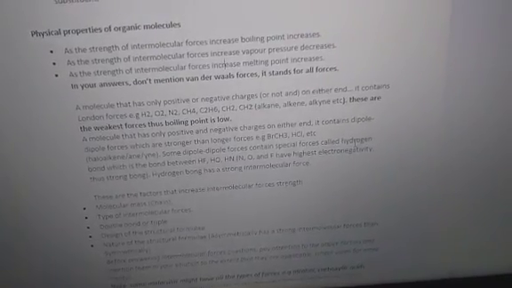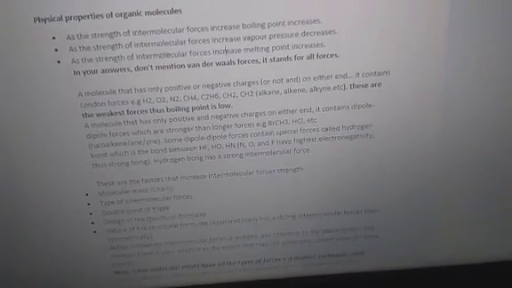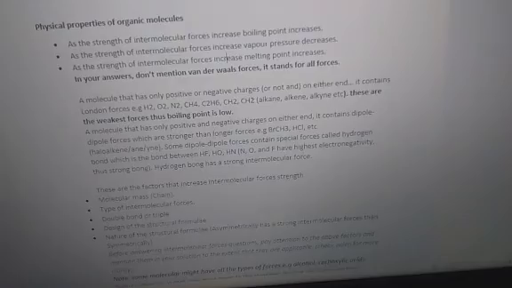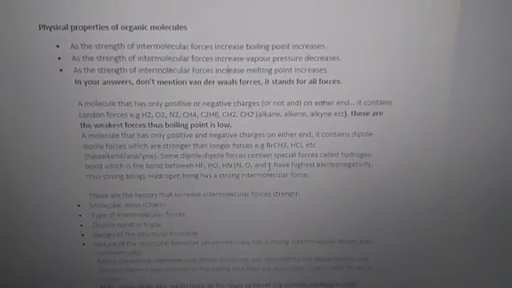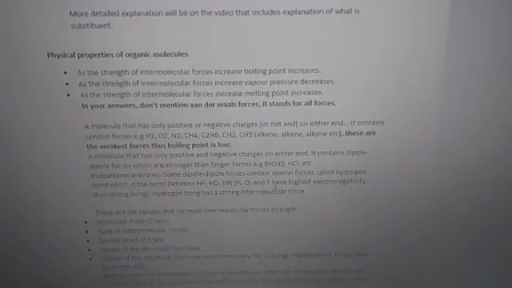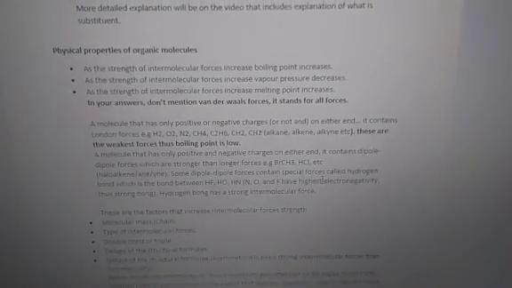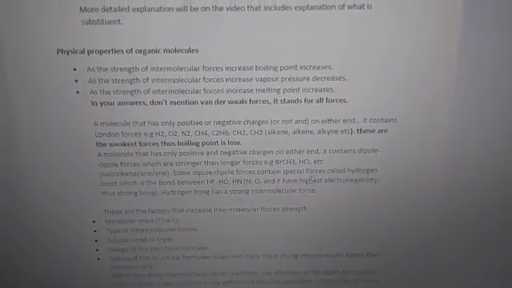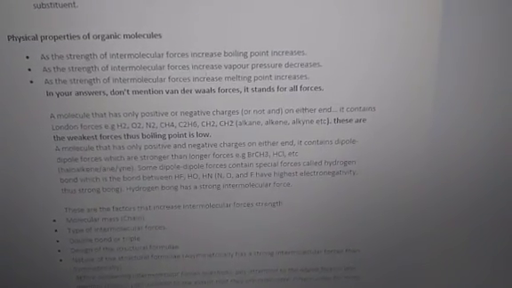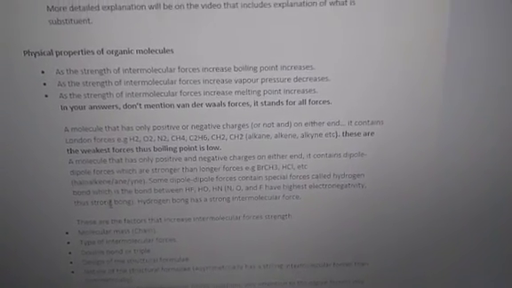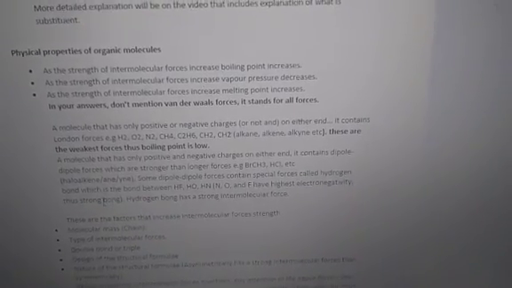An example of that would be whenever there is an element where hydrogen is bonded with either nitrogen or oxygen or fluorine, because these elements have the highest electronegativity, thus they have a strong bond which is called hydrogen bond.